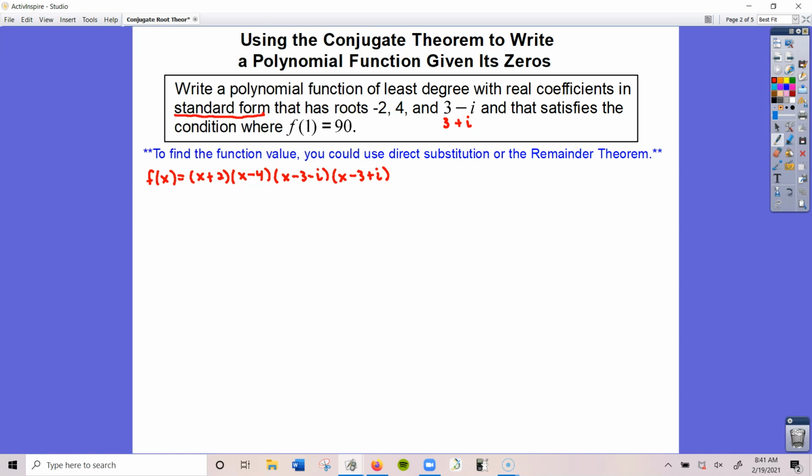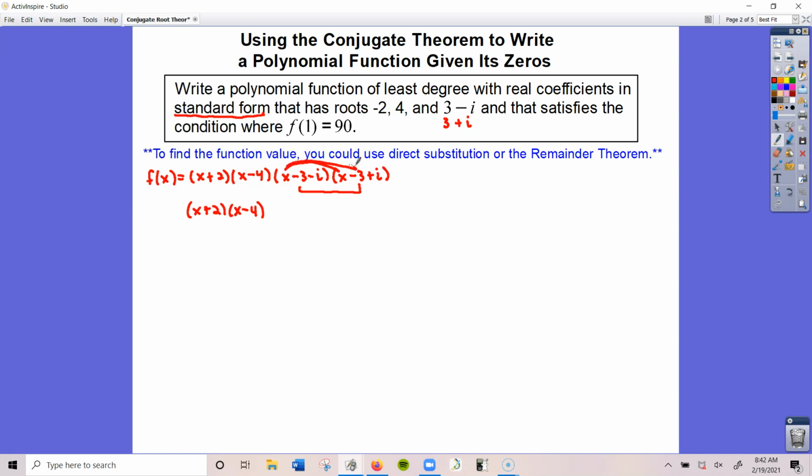Now my recommendation, because of those i's, is that I usually like to get rid of the complex numbers first, because when I multiply complex conjugates, the i's will end up canceling out. So I'm going to multiply these two first. So we have the x plus 2, x minus 4, which I'll multiply in a moment, but we're going to first distribute all of this.